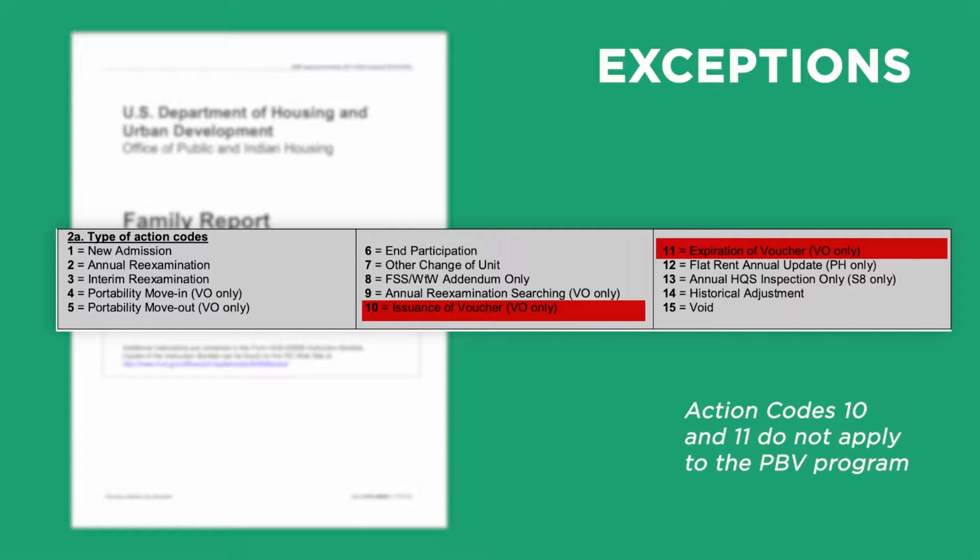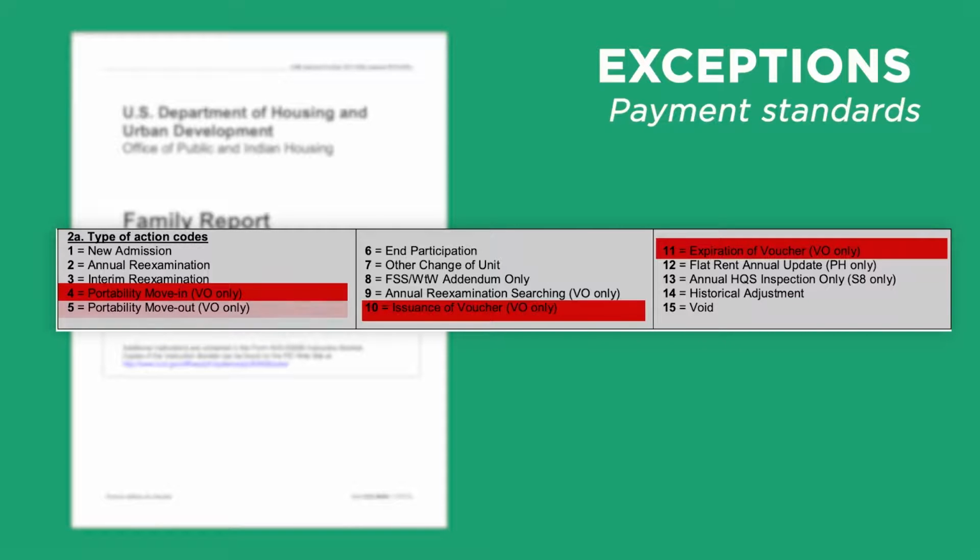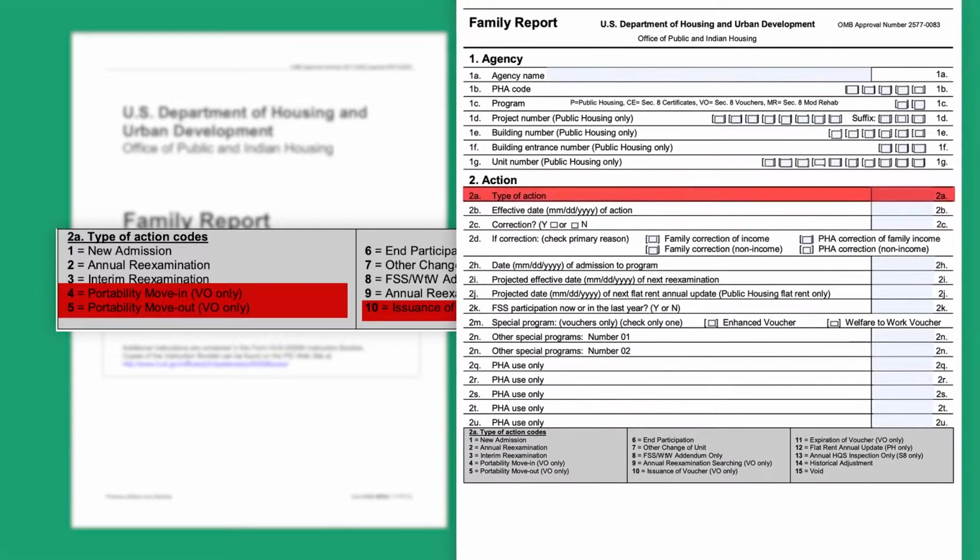PHAs do not need to enter Action Code 10 or 11 on the Form HUD 50058 for participants that will occupy PBV units. Payment Standards. Payment standards do not apply to the PBV program. Since portability does not apply to the PBV program, Action Codes 4, Portability Move-In, and 5, Portability Move-Out, must not be used on Line 2A.